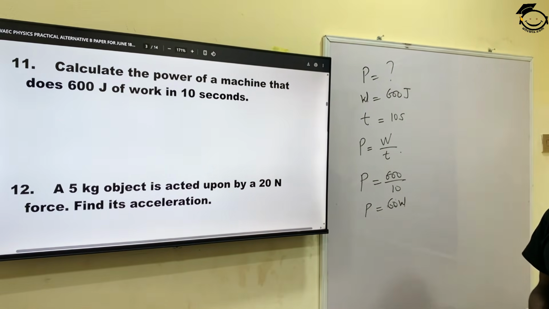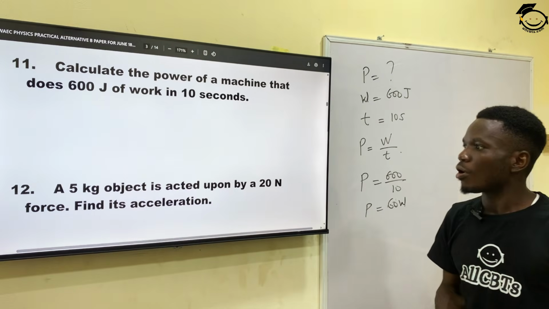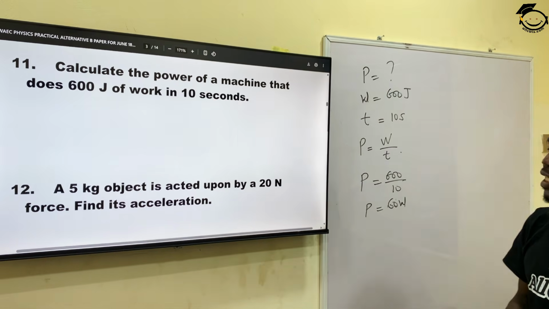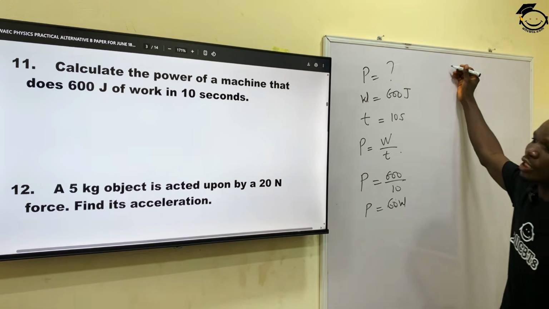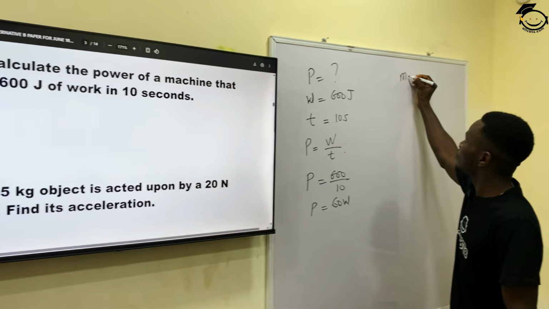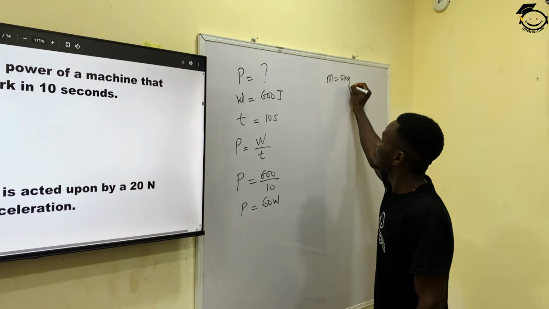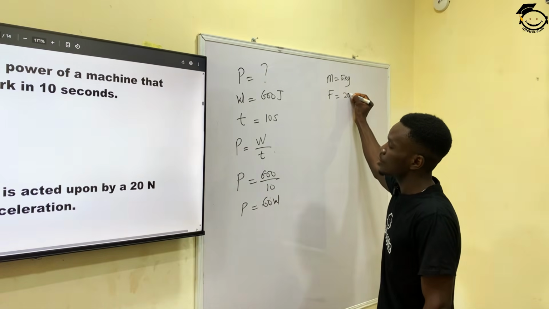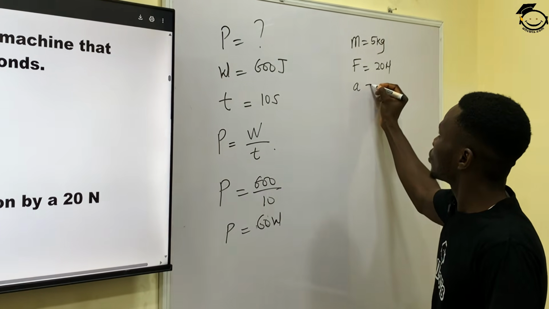It says a 5 kg object is acted upon by 20 Newton force. Find its acceleration. So in this question, we are given the mass of the object as 5 kg, and then we are given the force acting on it as 20 Newton. We are asked to find the acceleration.